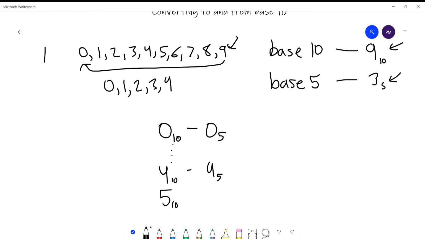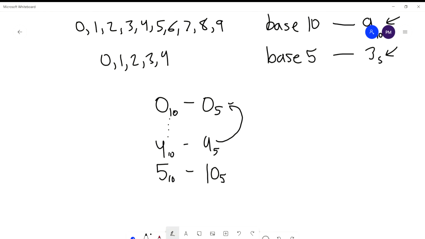So 9 plus 1 is 10. We can use a similar thing here. Since we're at 4, we have to loop around back to 0 and then add a 1. So 5 base 10 is 1, 0 base 5. And I'm saying 1, 0 instead of 10 because that's just how you commonly say it when you're not dealing with base 10.